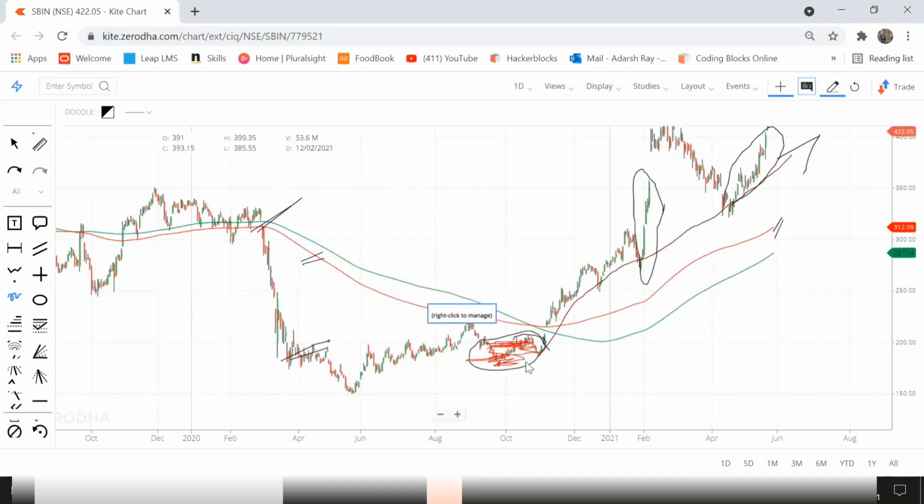And this was the bearish trend. In a bearish trend, as I have already told you, the current market price is down and the moving averages remain on the top, and in a bullish market the current market price is at a higher level and the averages remain down, right?